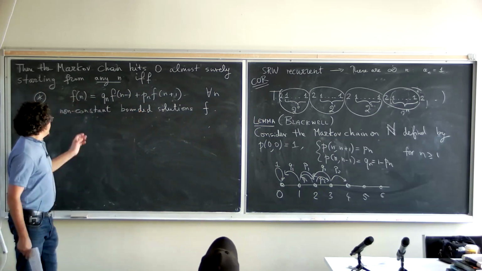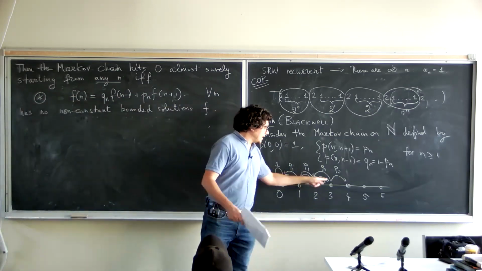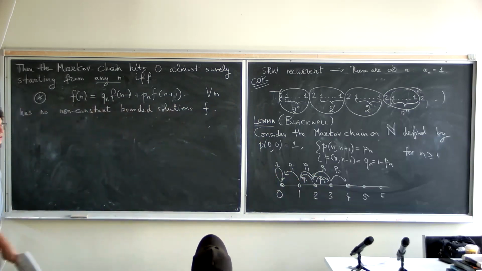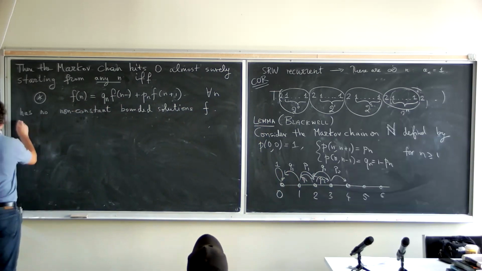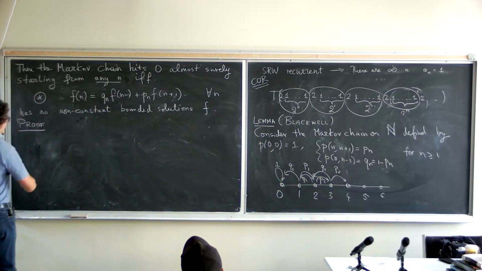If you find a non-constant solution for that, then it means that this chain is not recurrent. You can escape. Okay, so the proof is kind of neat. So it gives good ideas of how to relate these two.